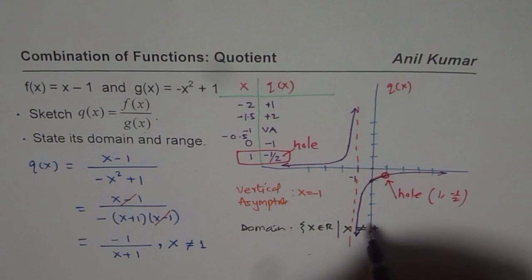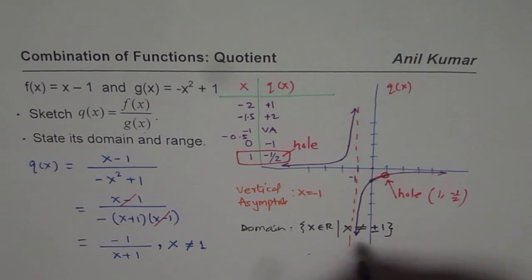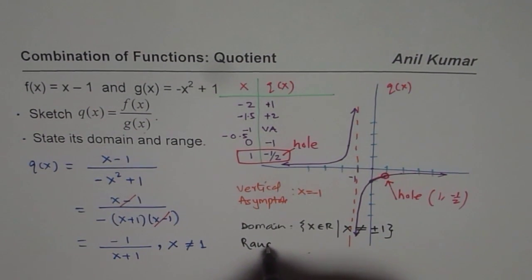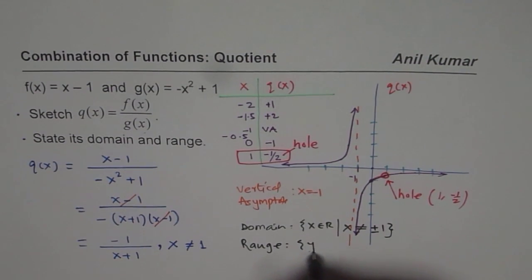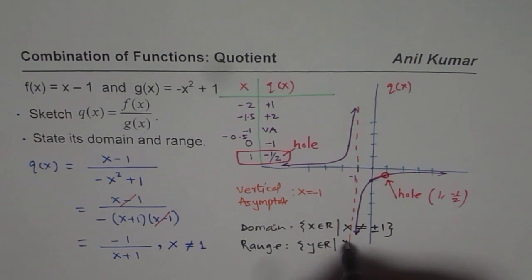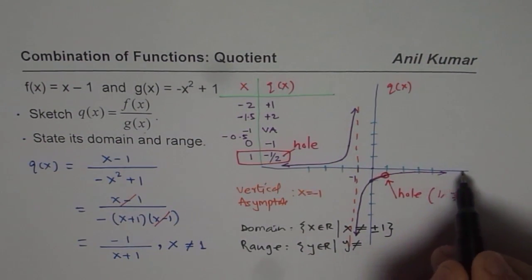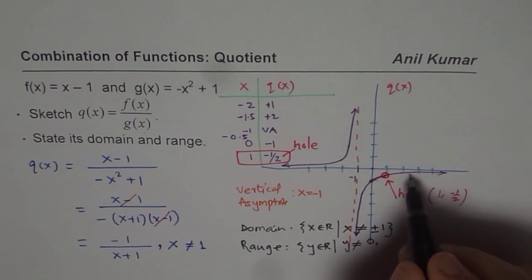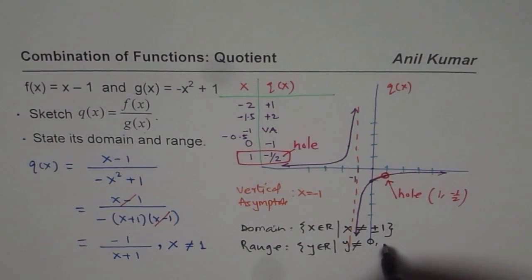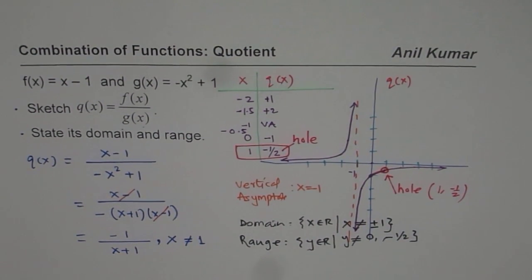Because the denominator cannot be 0, plus and minus 1. As far as the range is concerned, y belongs to real numbers and y is not equal to 0, right? That is the value the function approaches, and it is not equal to minus half. So that is how we can get domain and range for this particular function.